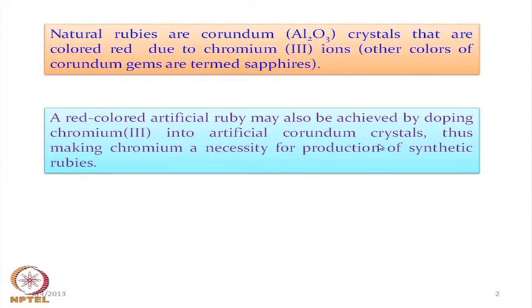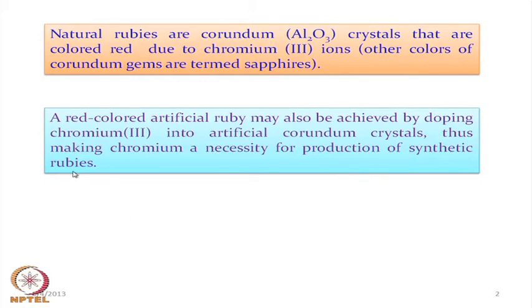So, in the laboratory, if the available corundum is not naturally occurring, we can dope chromium 3 artificially into artificially prepared corundum crystals, and thus we are able to make the corresponding ruby, which can be prepared in the laboratory in a synthetic way.